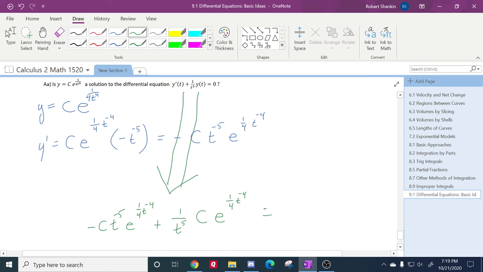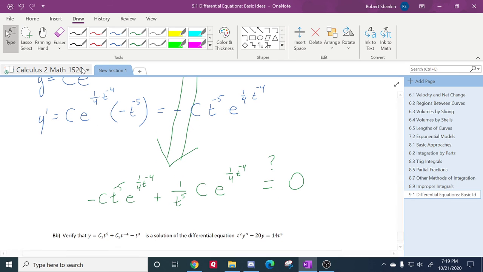And does this equal 0? And will it equal 0?